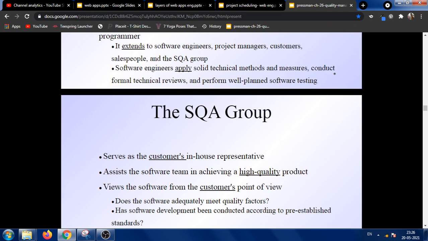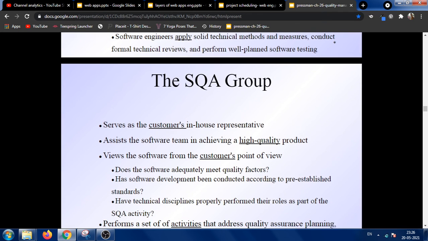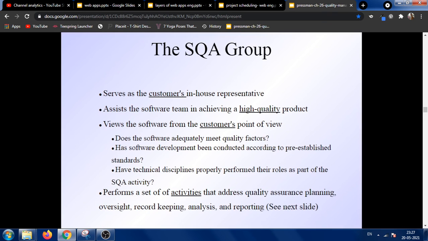The people in this SQA group include the customers, who assist the software team in achieving a high quality product, because they give their specifications and requirements clearly to the developer, so quality can be achieved by proper specification on the customer side too, from the customer's point of view.